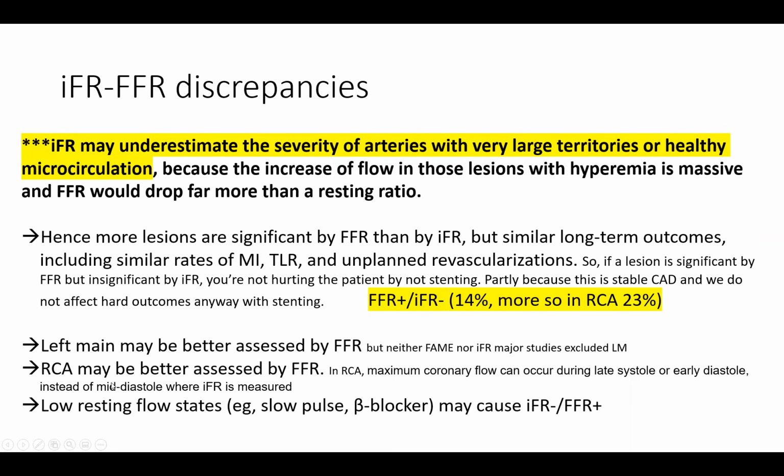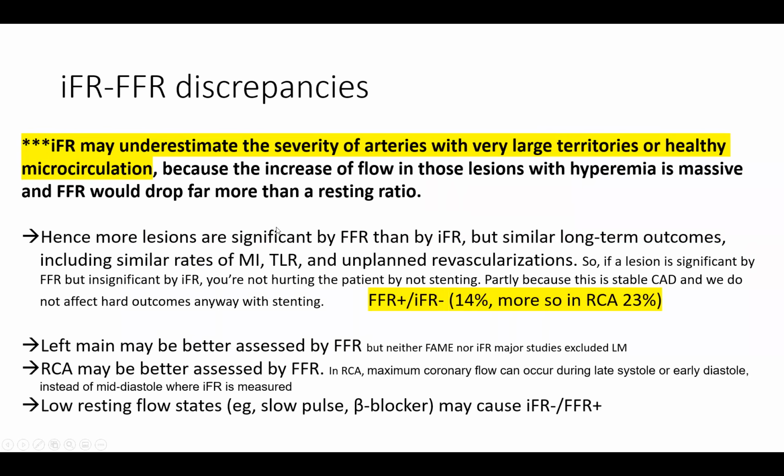Another situation where iFR may underestimate the hemodynamic severity of stenosis is a low resting flow state with very high flow reserve, such as a patient with a slow pulse, or a patient on high beta blocker doses. He may have very low resting flow, but a very high propensity to increase that flow with hyperemia and with exercise, and he may have that discrepancy, okay?